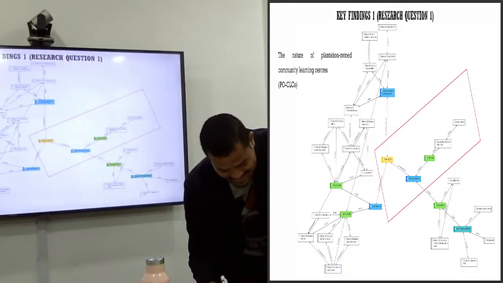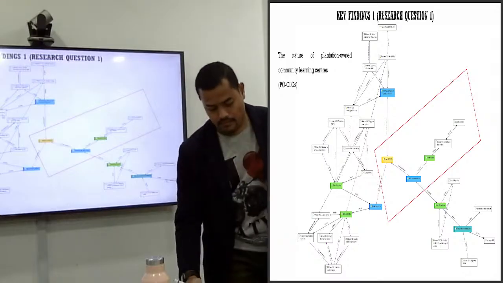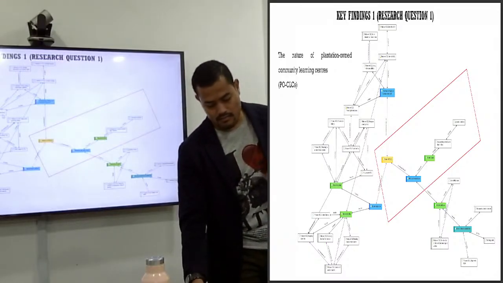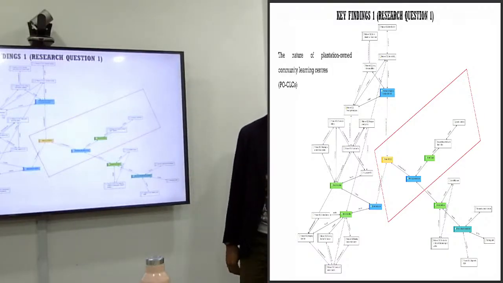Or you can use the word reciprocity, or reciprocal gesture, initiative, action. That's another word, because it's win-win.